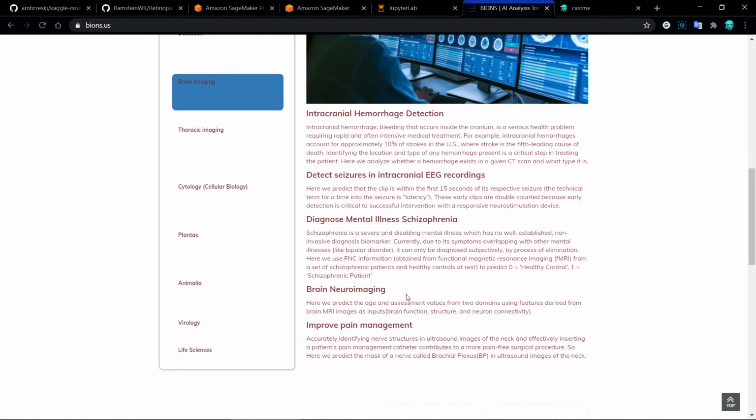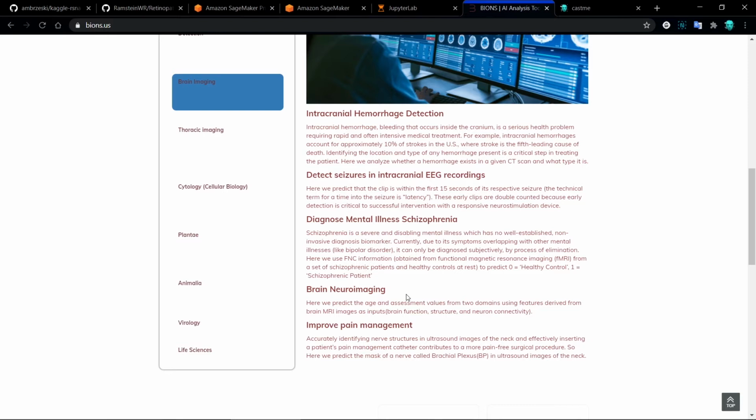Now, the third problem is to diagnose mental illness, schizophrenia. Schizophrenia is a disabling mental illness which has a well-established, invasive diagnosis behavior. Here we also work on MRI scans, but this is a different type, functional magnetic resonance imaging, and this is FNC, functional network connectivity.